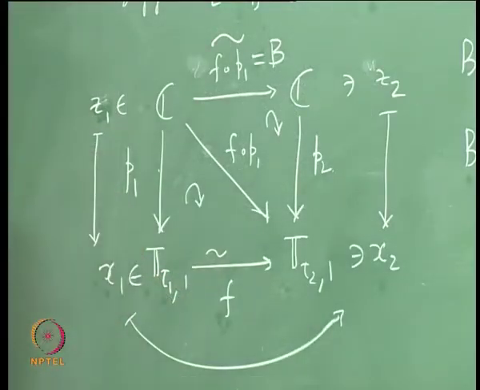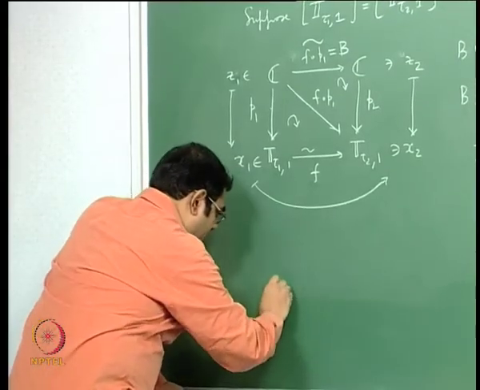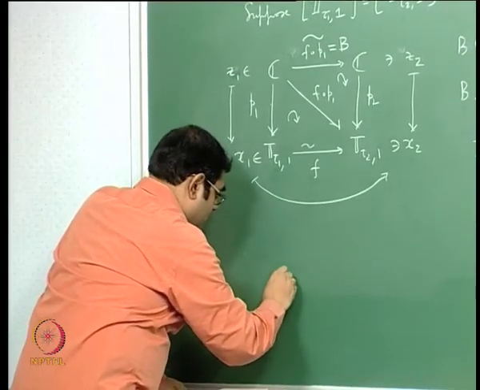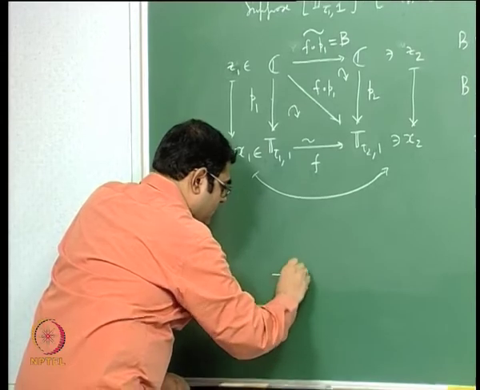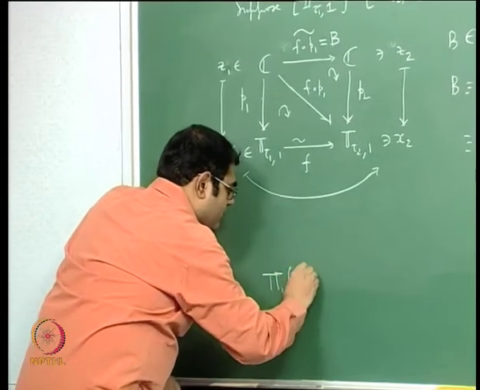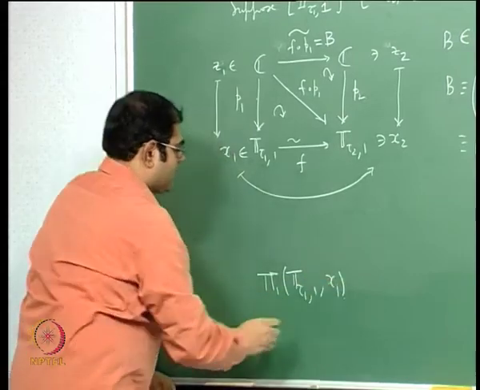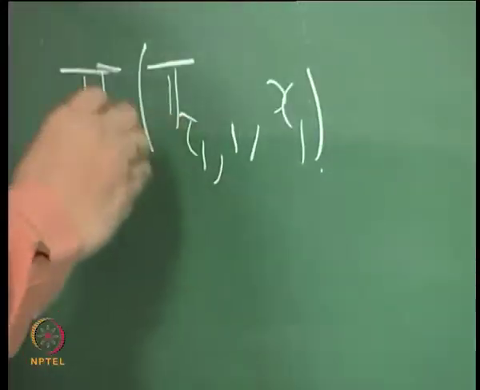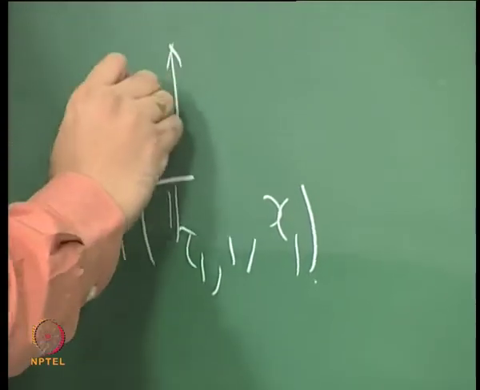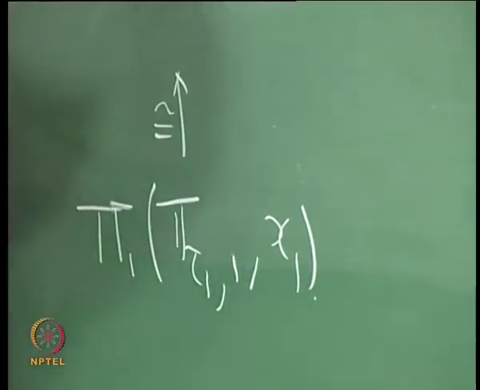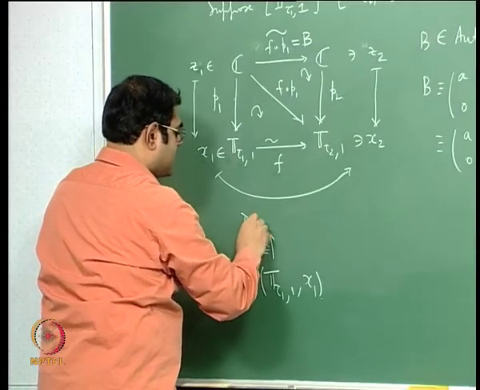Let me write that down. I will have here the first fundamental group of this torus based at x1, identified with the deck transformation group of this covering, which is Deck(P1).